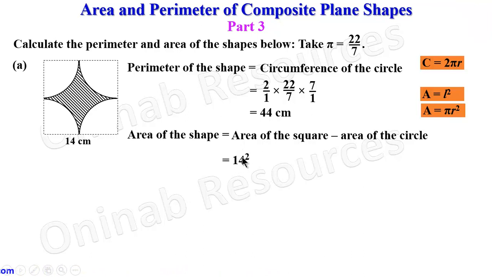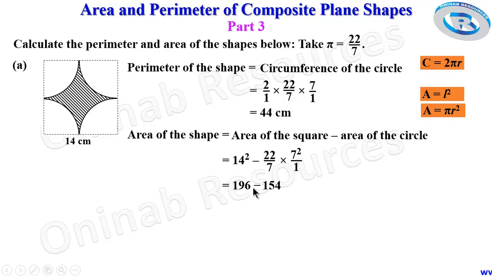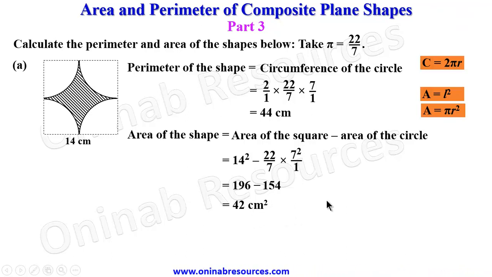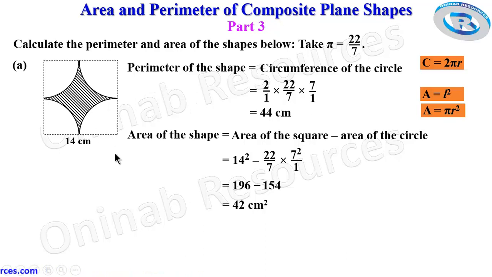This is equal to 14 squared minus the area of the circle, 22/7 times 7 squared over 1. So 14 squared is 196, while 22/7 times 7 squared gives 154. So 196 minus 154 gives 42 square centimeters. So we've calculated the perimeter and area of the shape in A.